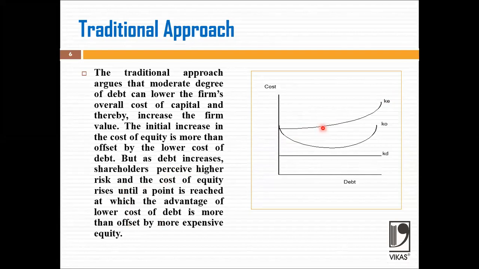Until that point, there is no big increase in cost of equity. Once they reach that point, the cost of equity increases at a larger rate. Therefore, the overall cost of capital also increases up to a certain point.